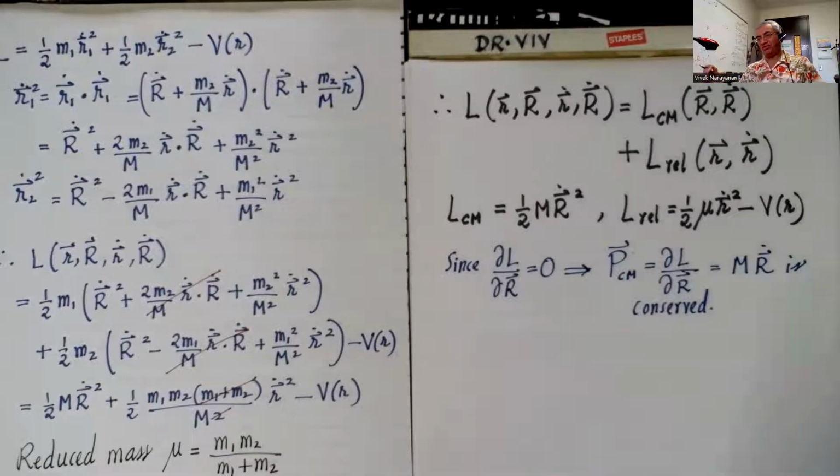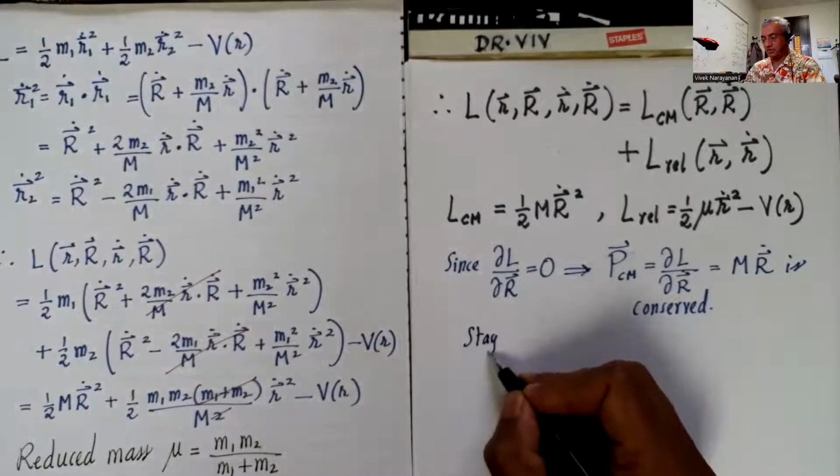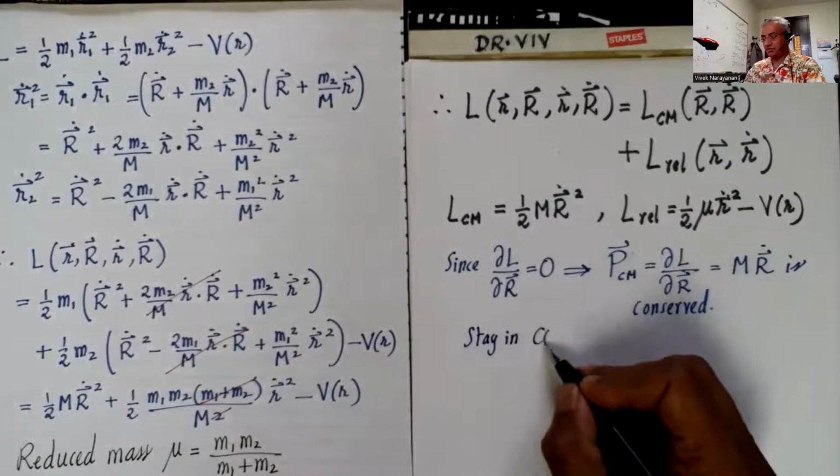But for short distances, let's say a few years, when the Earth goes around the sun 3 or 4 times, the amount by which the solar system itself goes around the black hole is very negligible. So you can think of this as approximately conserved, at least for our galaxy. So we're going to stay in that frame. Stay in center of mass frame.